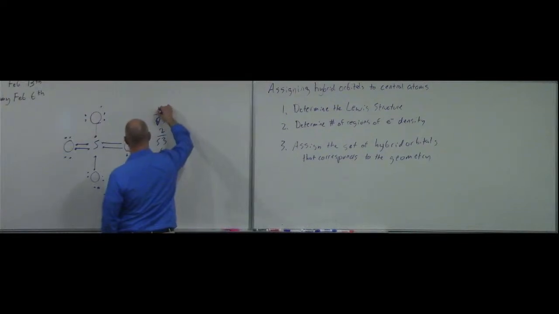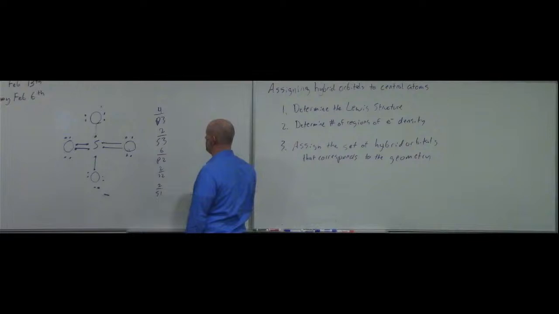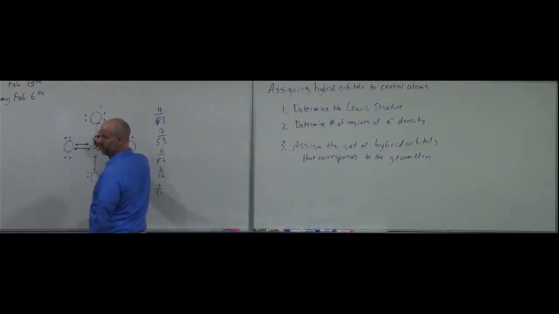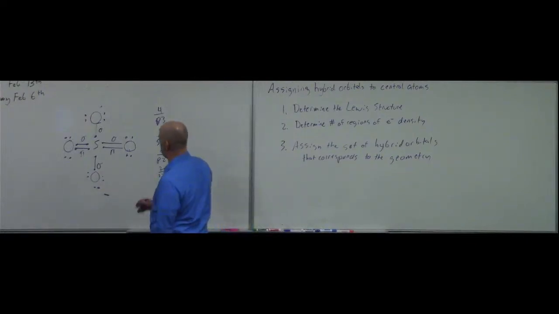Okay. What kind of bond is this? It's a sigma. And this? Sigma, sigma, sigma, pi, pi. Okay, so I've got 4 sigmas and 2 pi's.